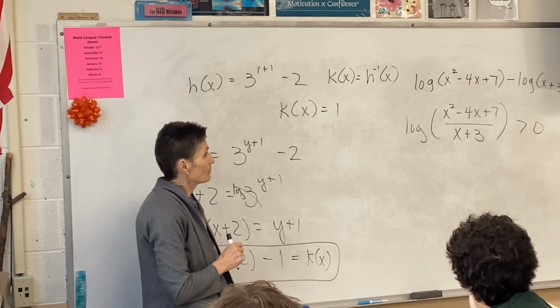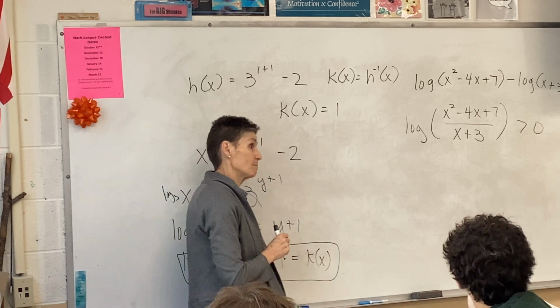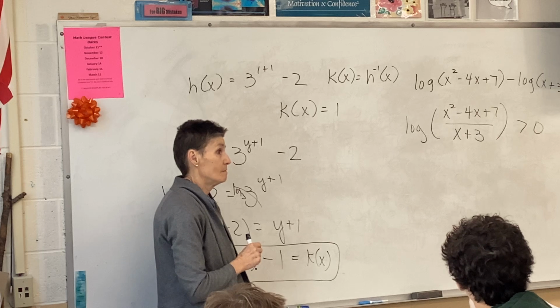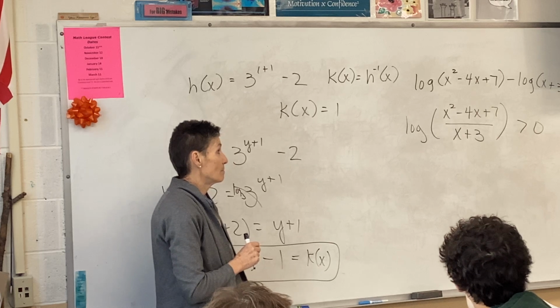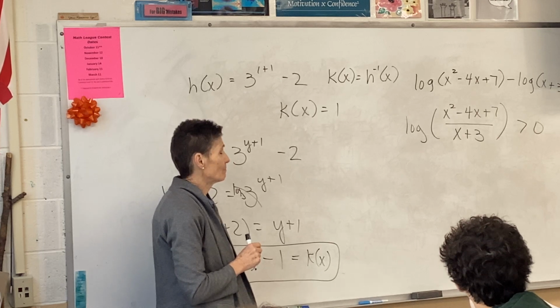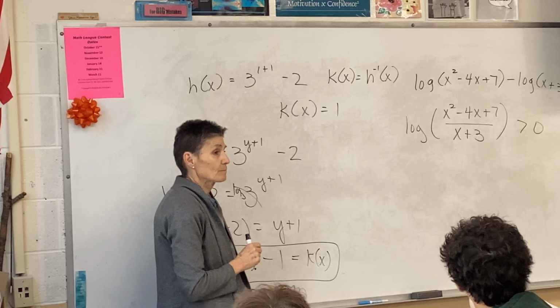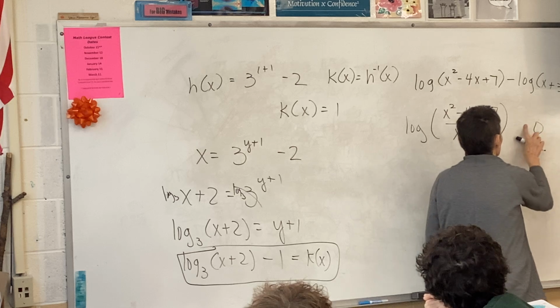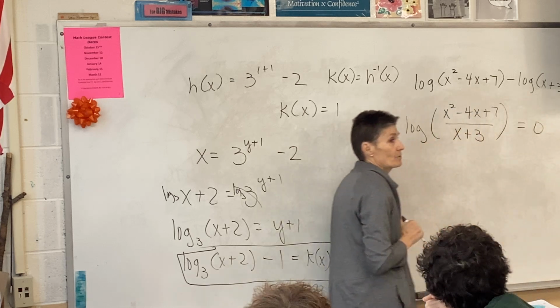Factor the top. I would love to factor the top. I don't think it factors. Does it? No, I don't think so. Well, what would you do if that were an equals?